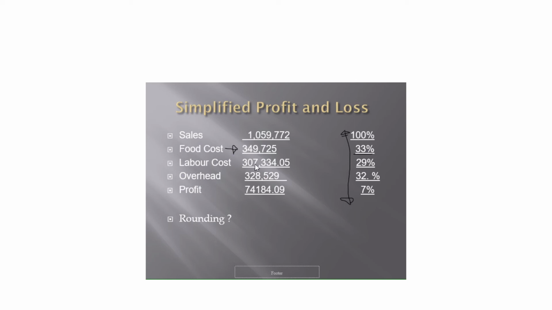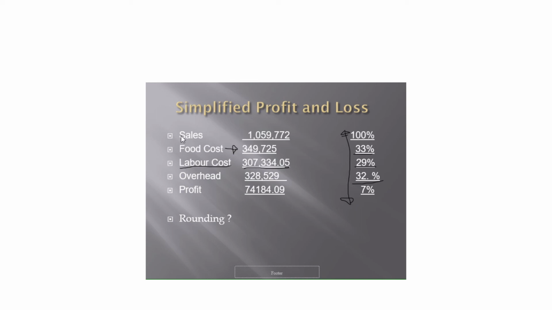Next, we have our labor cost of $307,334.05. If we were to divide that by total sales, we would get 29% of sales. Next, we have our overhead, which was $328,529, or 32% of sales.